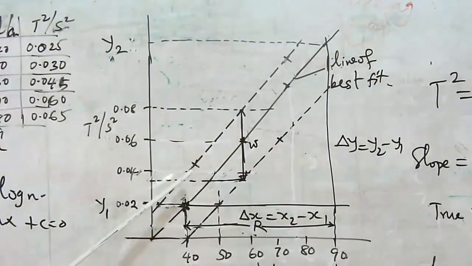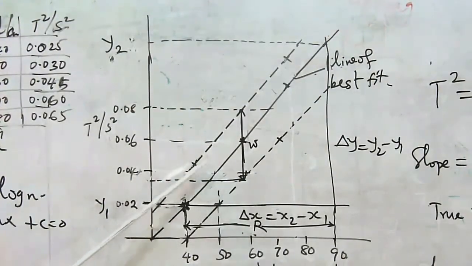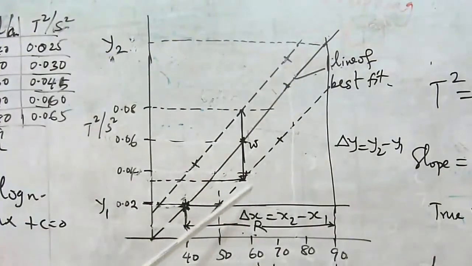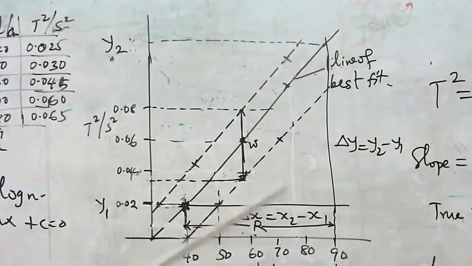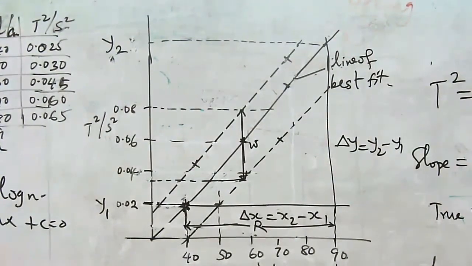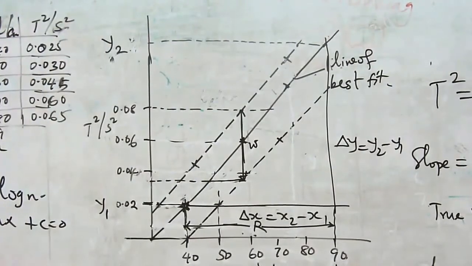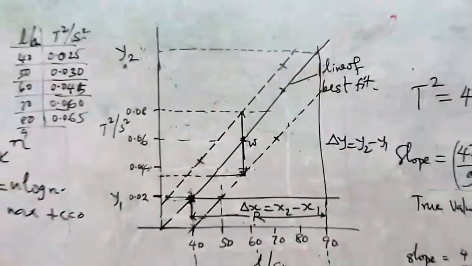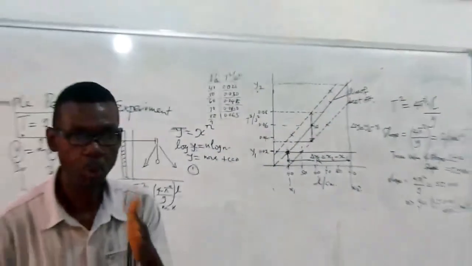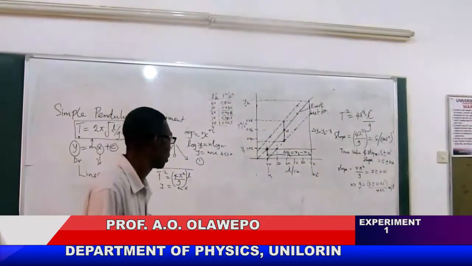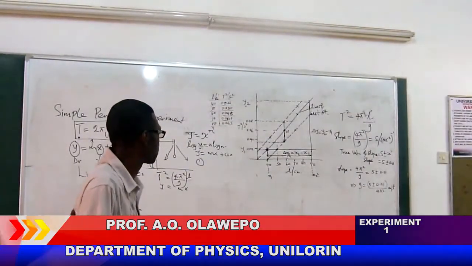Like here, I have a point here, left hand, a point here, left hand, and a point here. It may not necessarily be the same number on each side, but it's passing through as many points as possible on the straight line. All right, so that's the line of best fit.